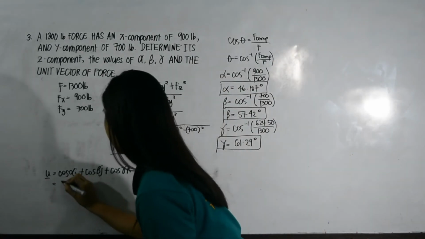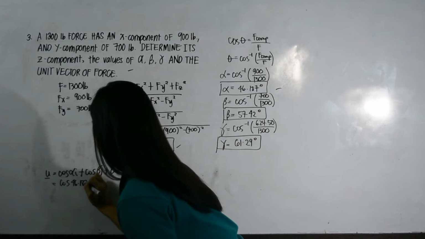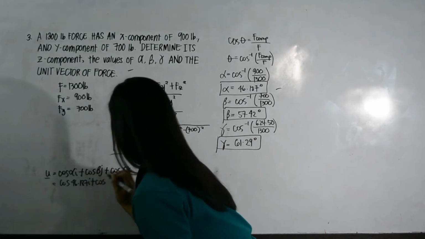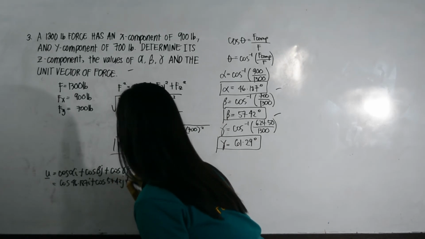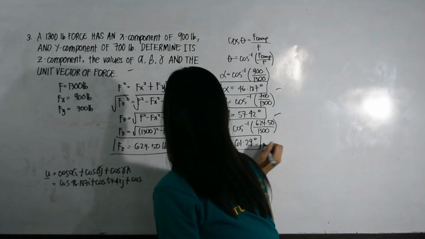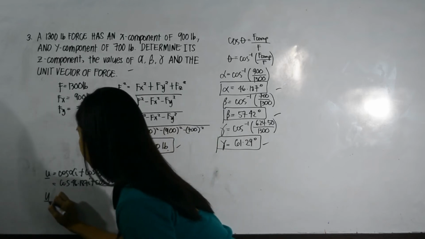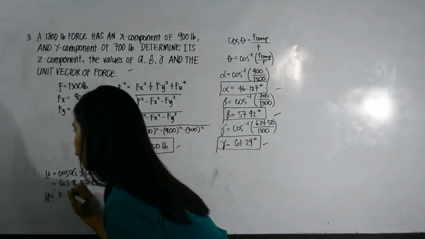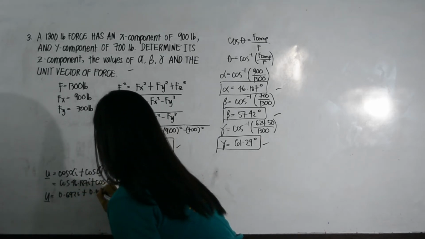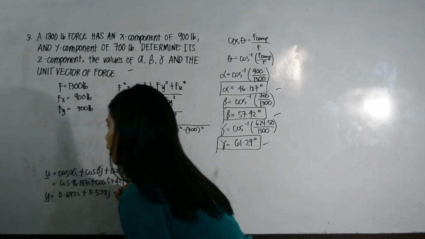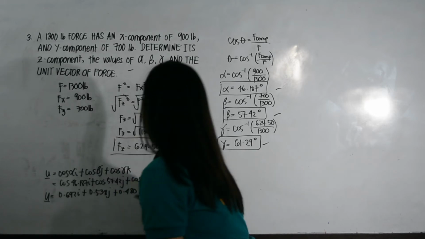So we have cosine 46.187 i plus cosine of 57.42 j plus cosine of 61.29 k. And that will give us the answer of 0.692i plus 0.538j plus 0.480k.